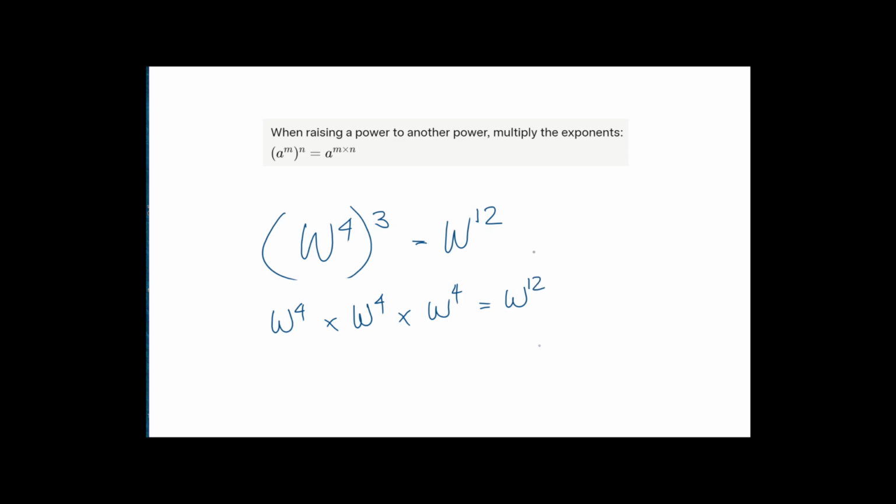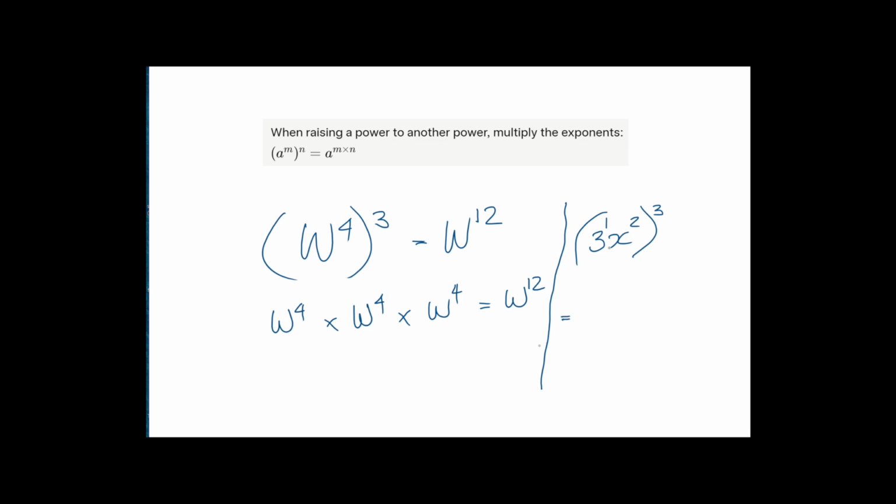What would happen if there was a coefficient, say 3x squared to the power of 3? In that case, we have to raise the coefficient to the power too. Imagine that this is a variable, and imagine that there is a 1 there, which there is anyway, but we don't bother putting it.